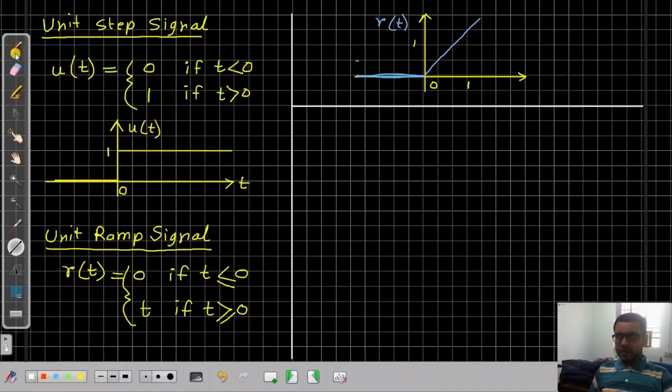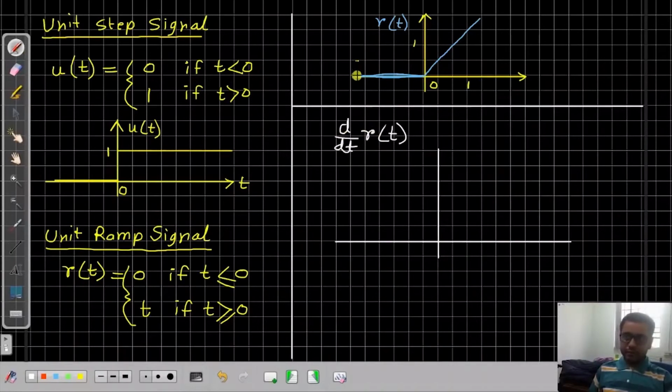Now let me ask, how will the signal d/dt, that is the time derivative of r of t, look like? So this is r of t and we want to find how the time derivative of r of t will look like. Observe that before t equals 0, r of t is constant and therefore its derivative will also be 0.